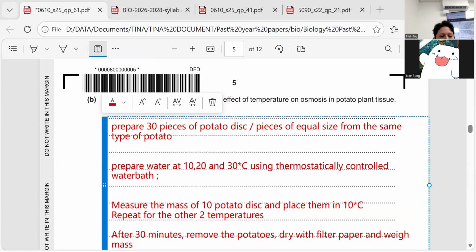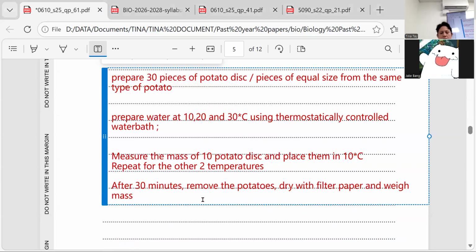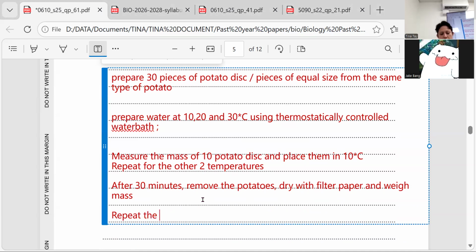So we talked about species, talked about initial size and mass. We talked about all using same water. We talked about half an hour. Okay. Repeat the experiment 2 more times and compare results.